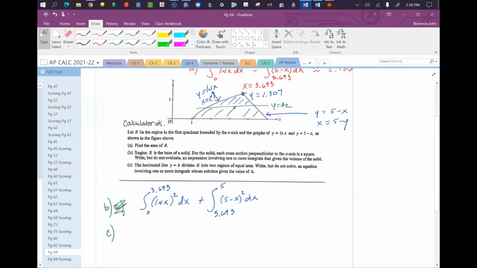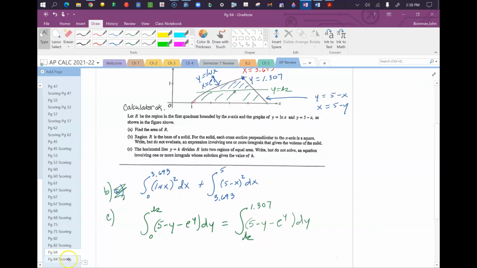So we are going to evaluate the following integral. Integral from 0 to k of greater function minus lesser function. So greater is the furthest to the right. 5 minus y minus e to the y dy is equal to the integral from k to 1.307 of 5 minus y minus e to the y dy.